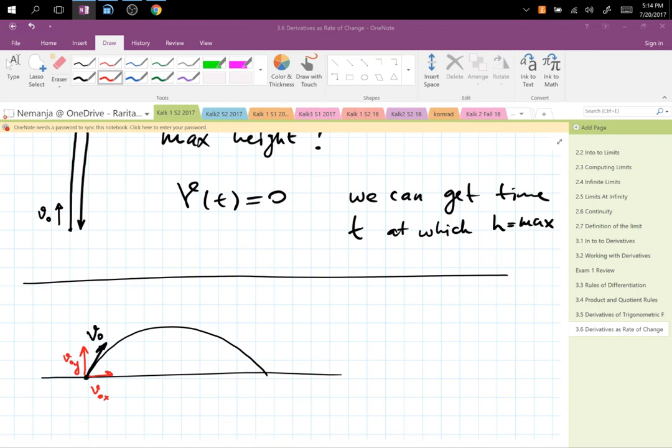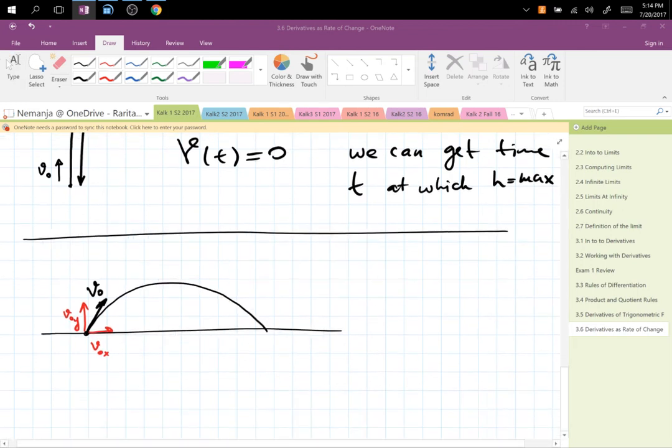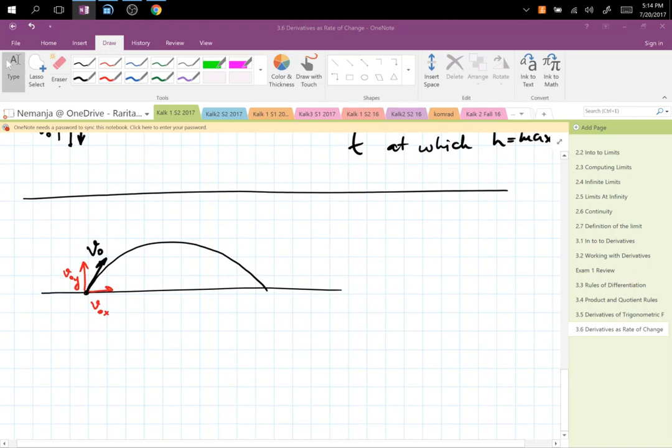Luke said that your vertical component is always constant. So v0x equals constant as you throw something at an angle. So the horizontal component is constant.